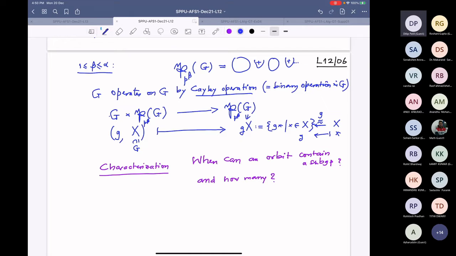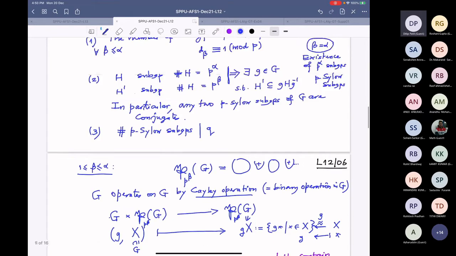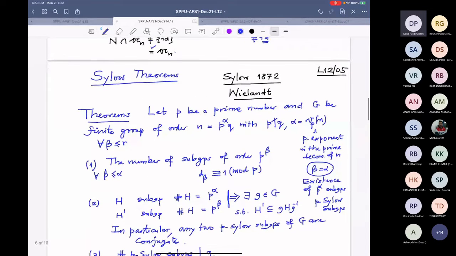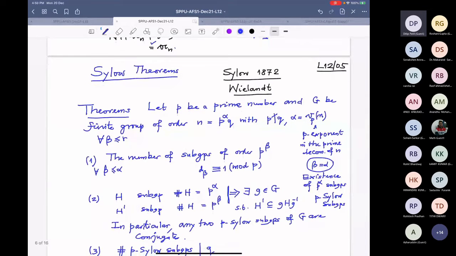Another thing: this was essentially the original proof of Sylow, but in Sylow's time there was no group action, so it was not written in terms of group action. This was the proof which I learned from Wielandt's book, and with a little modification that became a much better proof. Even Huppert's proof will be a little different.